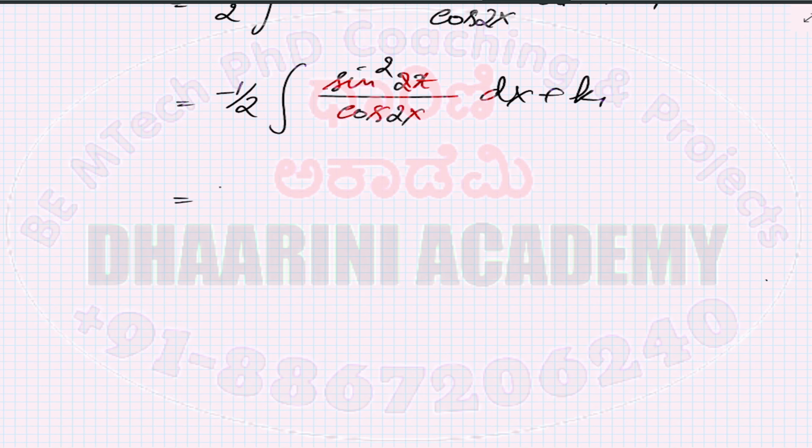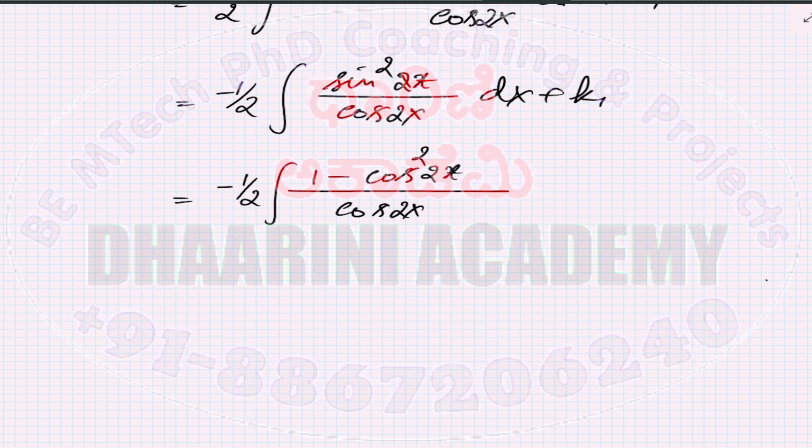So for that reason, I'm going to write minus half integral, sine square theta is nothing but 1 minus cos square theta, whole divided by cos 2x, dx plus k1.